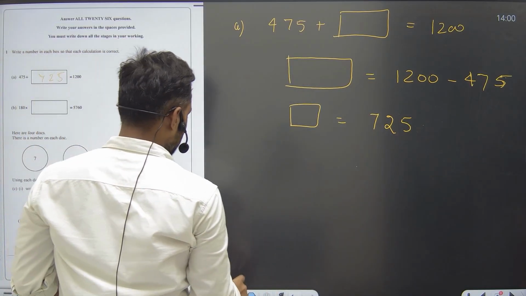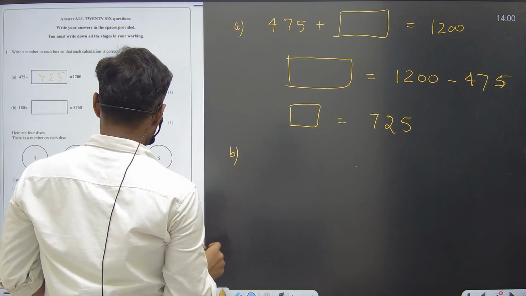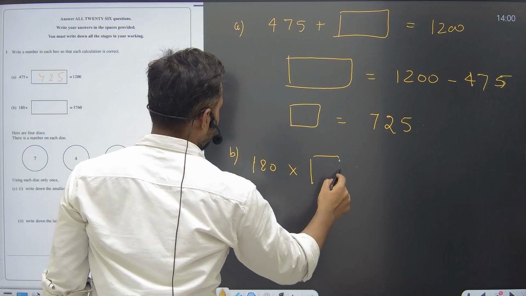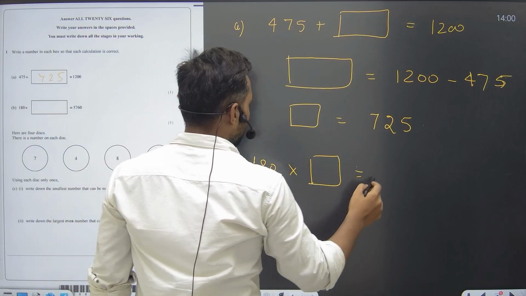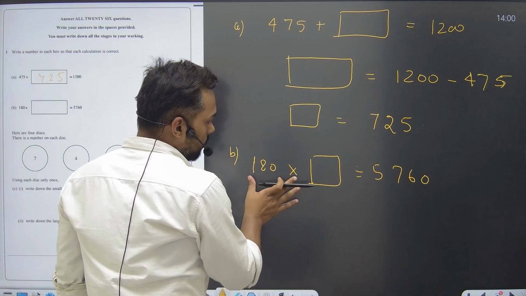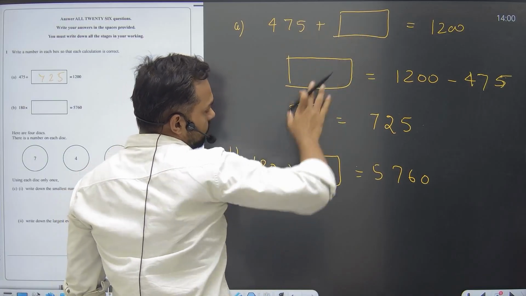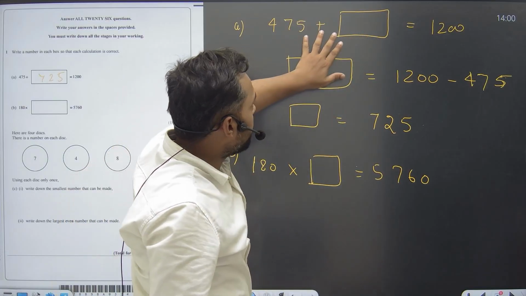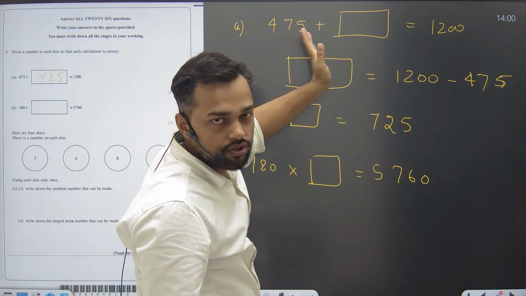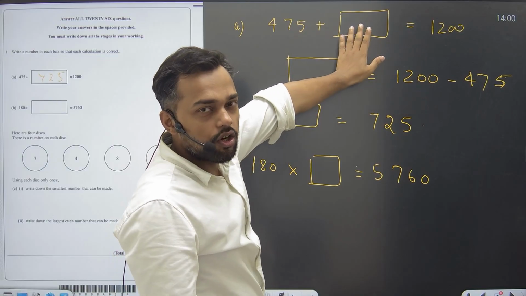Similarly, B part: 180 times bracket equals 5760. Now here the difference is, in part A the operator sign on the left hand side is positive, so when transposing it to the right hand side it became negative.